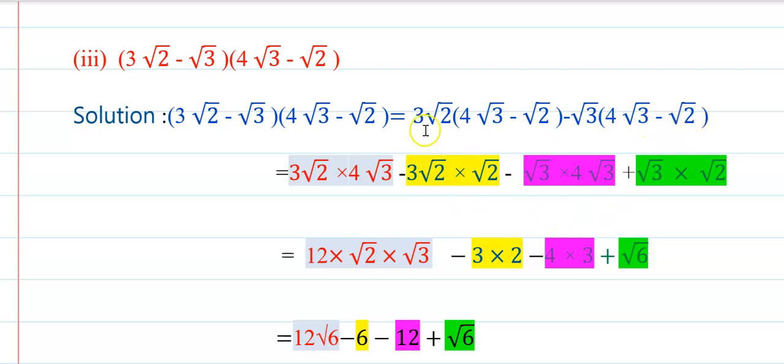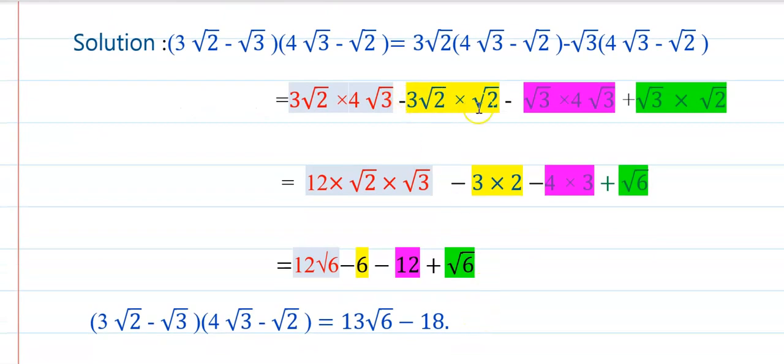Then you will get 3 root 2 into 4 root 3. What about their product? 3 into 4 is 12, so 12 root 2 into root 3. That is the first. What about the second? 3 root 2 into root 2. Root 2 into root 2 is 2, and 3 into 2 gives 6. Here is a 6, in yellow color.